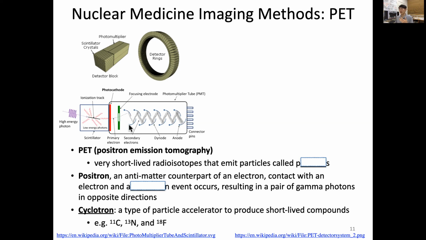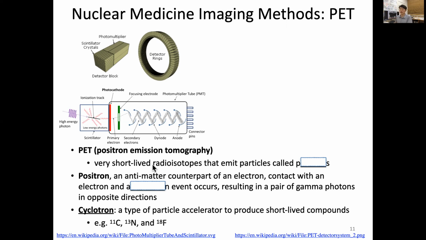That is the photomultiplier tube with the scintillator. So that's how the detector part of positron emission tomography works.